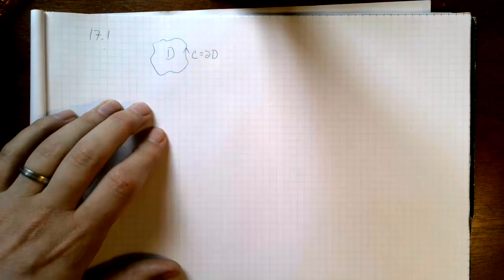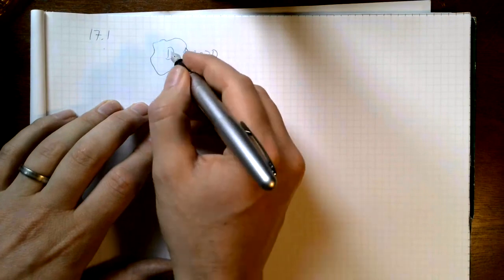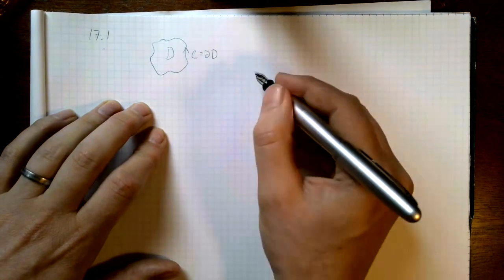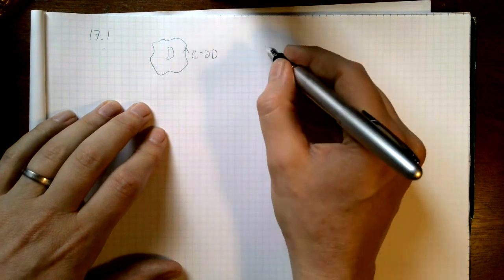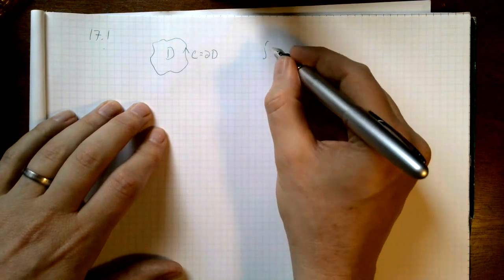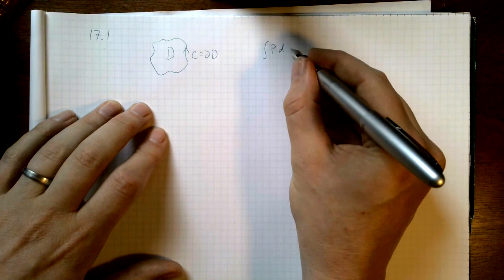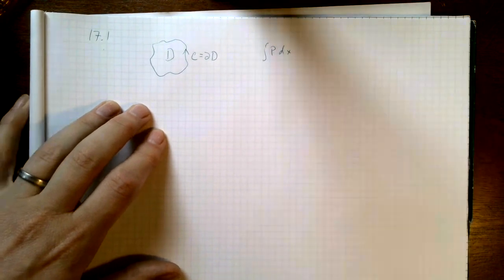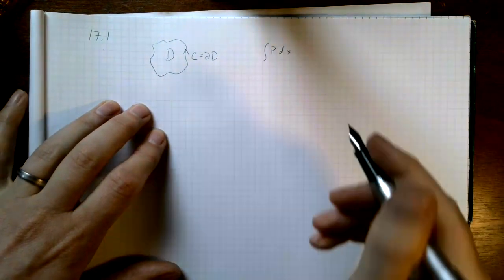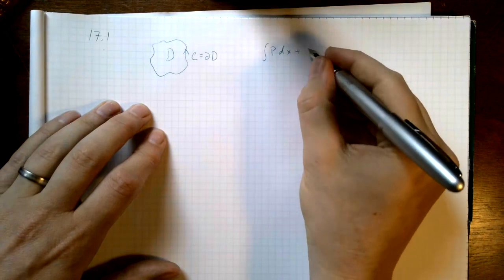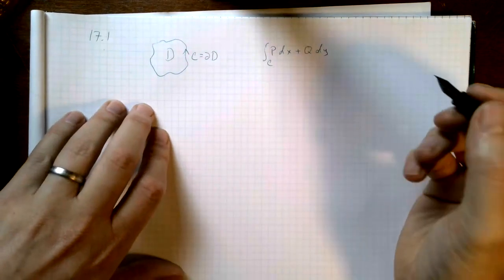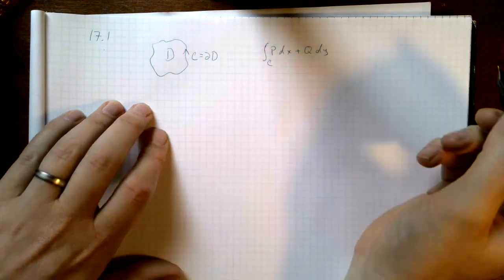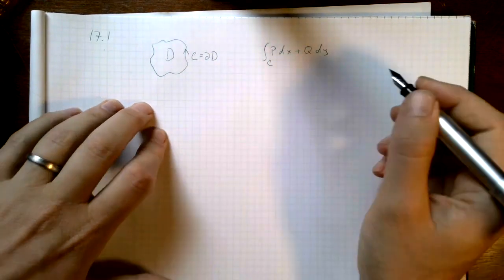Anyway, if I have a path going around a region, and I have these two functions P and Q, I write down the integral around C of P dx plus Q dy.